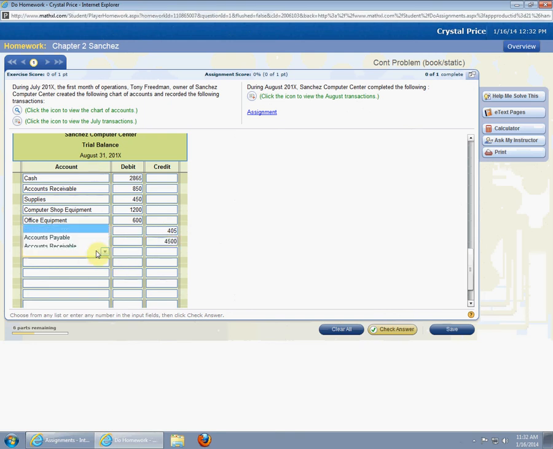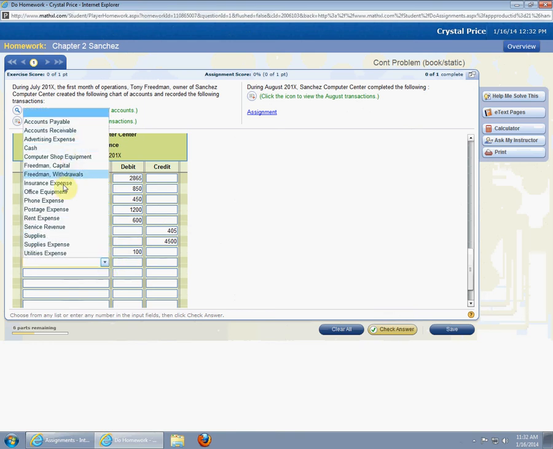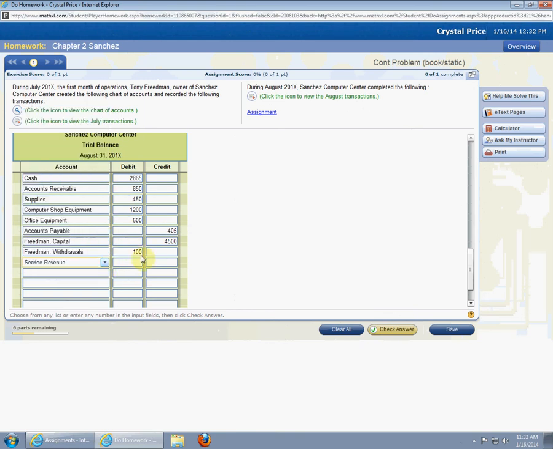Then when you do your drawing account, remember that balance is a debit balance, so go back to the debit side. And your revenue's back on the credit side.